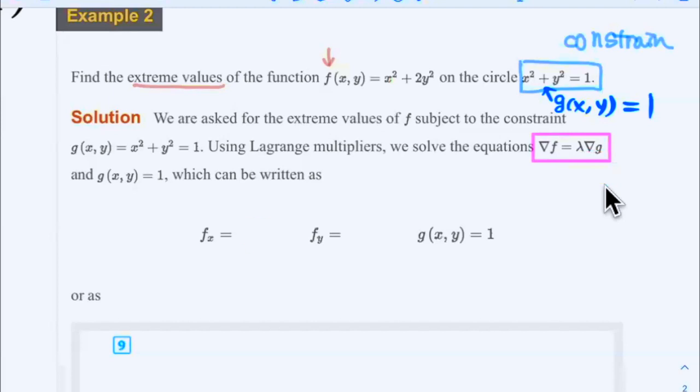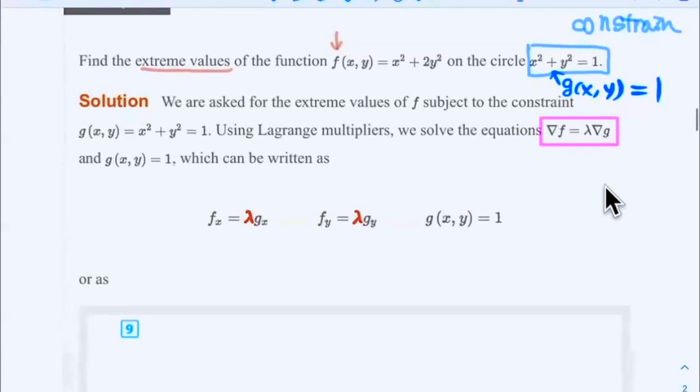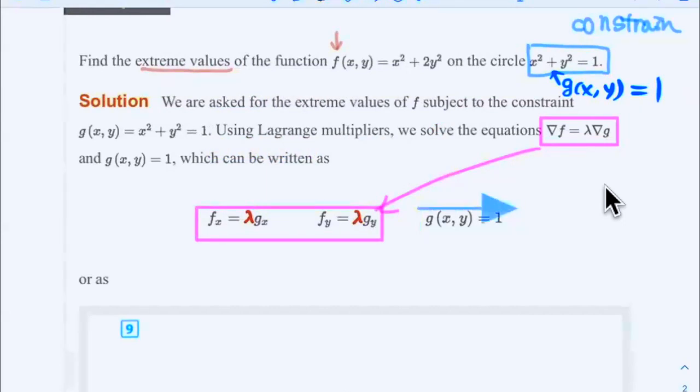So let's put it down. And the partial derivative of f with respect to y will be lambda times the partial derivative of g with respect to y. And so this is going to break down into these 2 equations. And then we're going to use these 2 equations together with this constraint equation. We should be able to solve for x, y, and lambda.